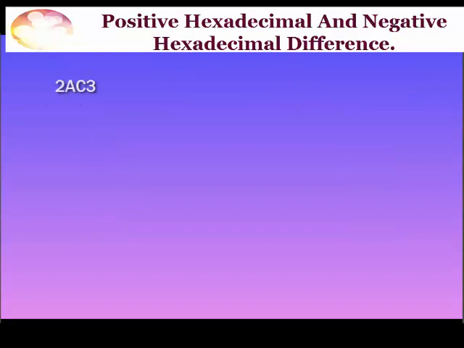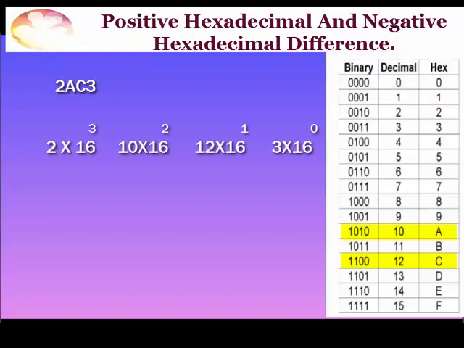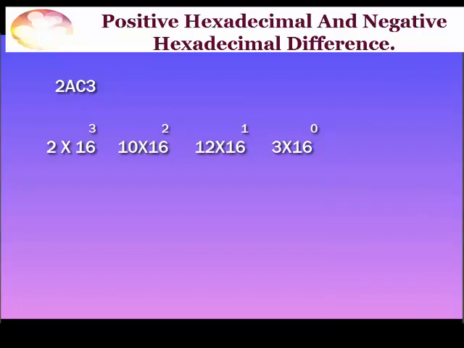So here is a positive hexadecimal number, 2AC3. If we convert a positive hexadecimal number into positive denary, first we write each hex digit with some space, then multiply with a power of 16, because each digit position has a weight value. So the weights are powers of 16 for a hexadecimal number.